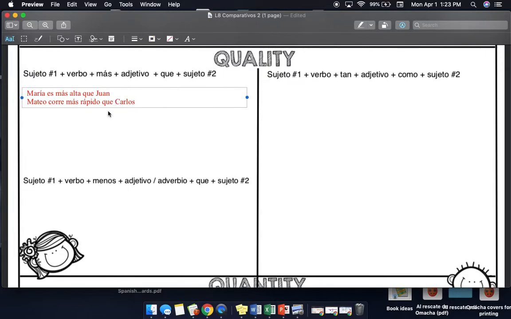All right. Now let's go ahead and compare something that is less, which is right here. And if you notice, it's going to be the same idea on how we structure our components in a sentence. Okay? So you have your first subject, then a verb, menos, because now we're comparing that someone or something is less than something else.